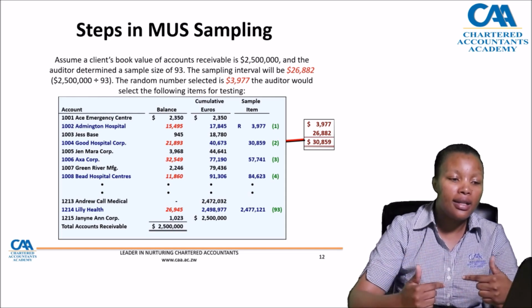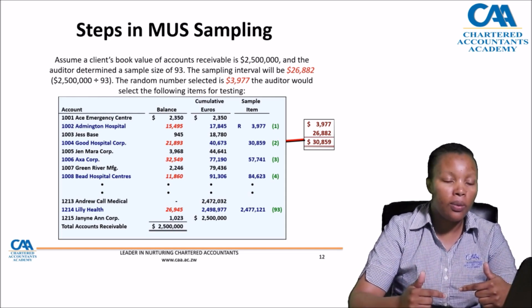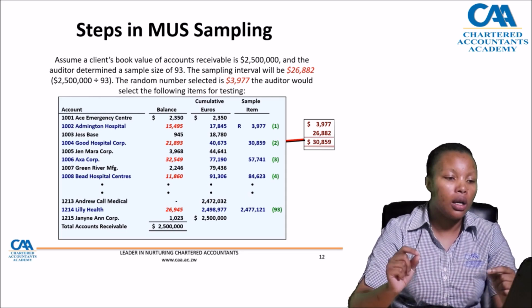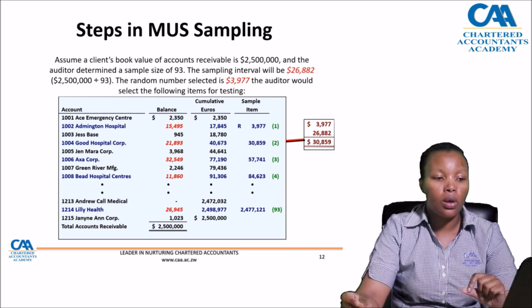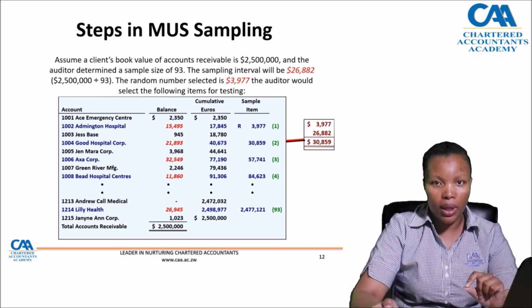And in that amount, that is where we find our $977. So that is our sample number 1.